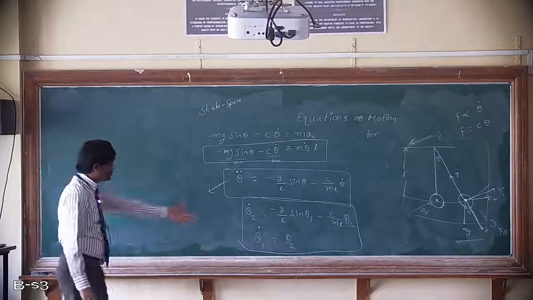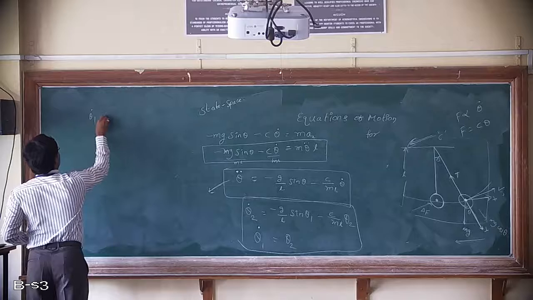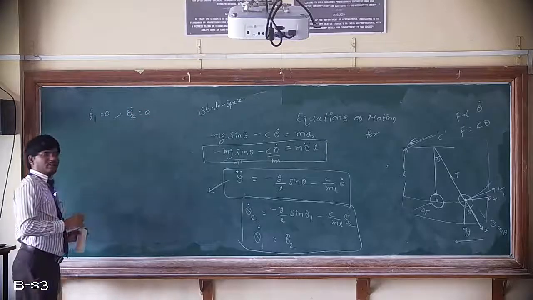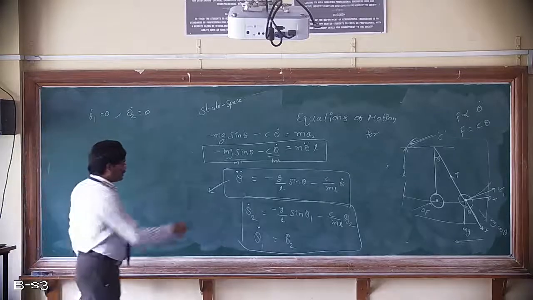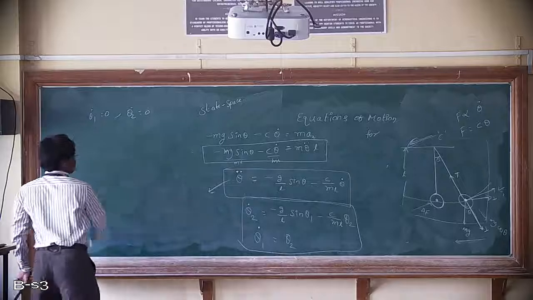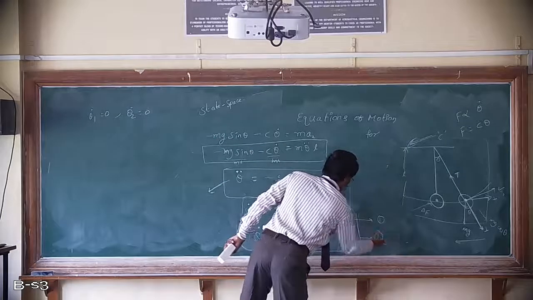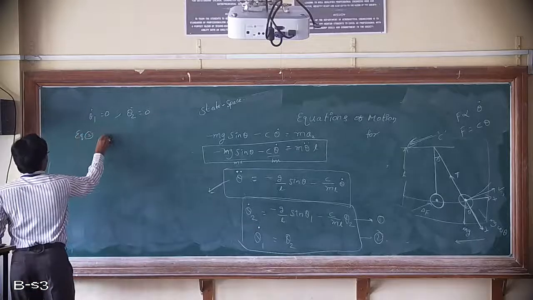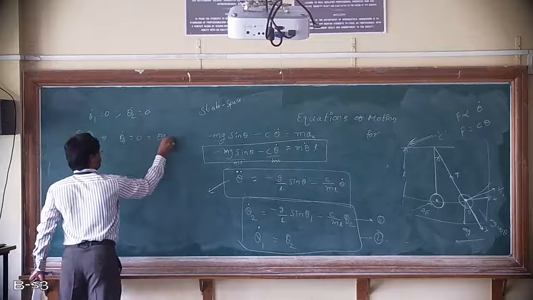If you substitute theta 1 dot equal to 0 for the equilibrium condition, theta 1 dot is 0 and theta 2 dot is 0. What will happen? Theta 1 dot, that is nothing but theta 2, will become 0. From equation 2 (this is equation 1, this is equation 2), substituting these values gives theta 1 dot equal to 0, nothing but theta 2 is 0.